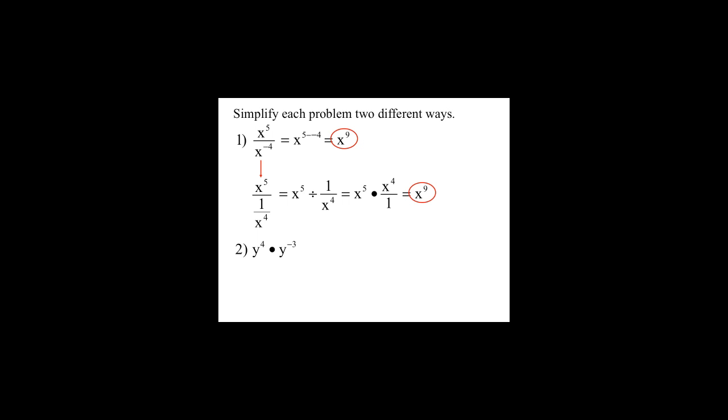Well, this is what we call a superfraction. So to write it in a clearer way, we write x to the 5th divided by 1 over x to the 4th. And if you remember from dividing fractions, we don't divide fractions, we multiply by the reciprocal. So again, I'm going to have to take the reciprocal, which is pretty much what I did in the beginning. My method: take the reciprocal right away.